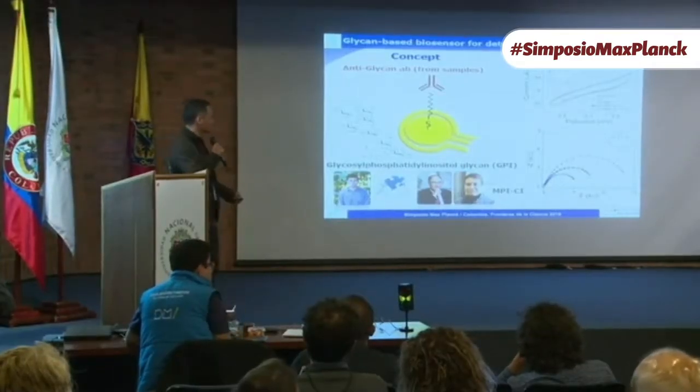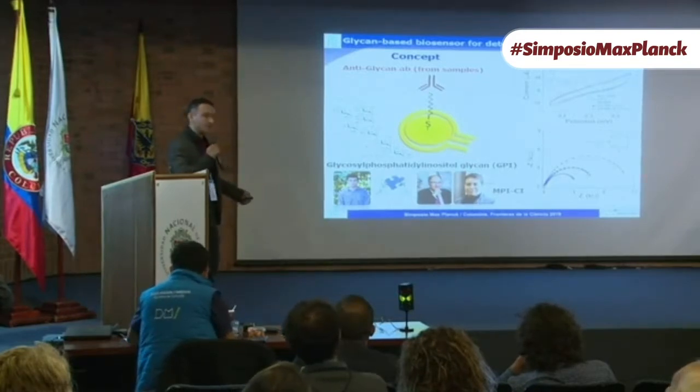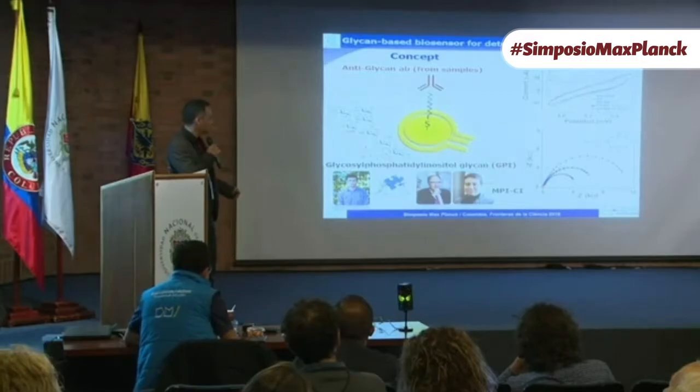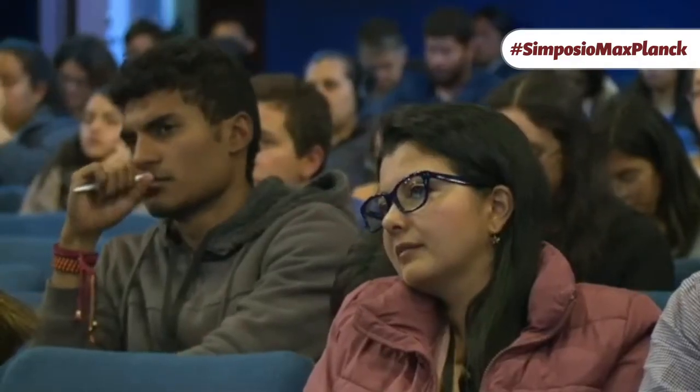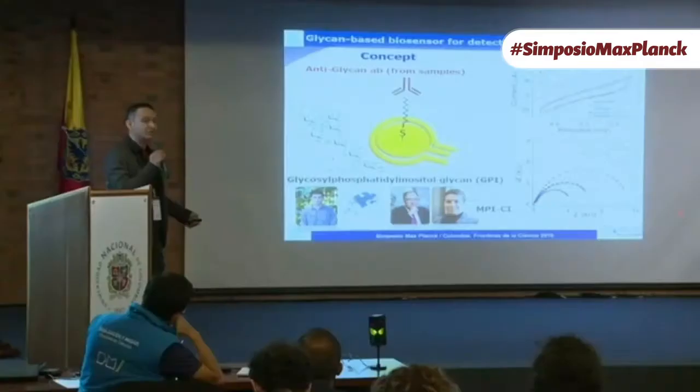So in the first step, we characterize the development of the sensing platform by electrochemical impedance spectroscopy. As you can see here, we have a little impedance related with the electron transfer of the gold electrode. This impedance is increasing when we functionalize with the GPI, and it's increasing even more when we make it react with a serum that contains the toxoplasma antibodies.